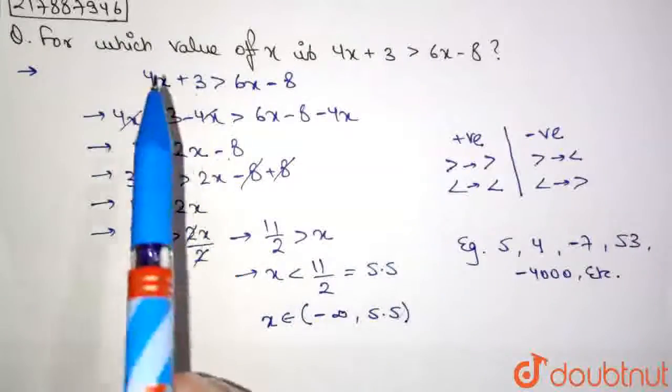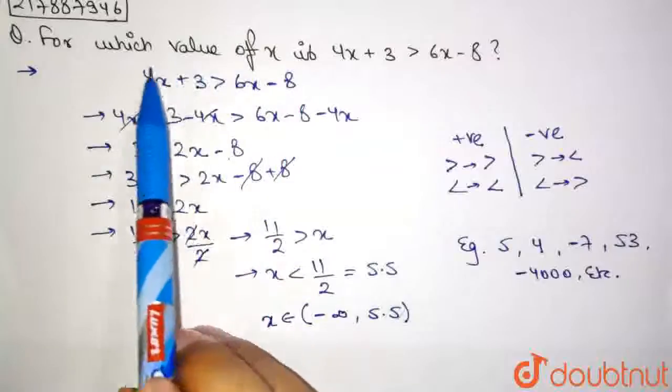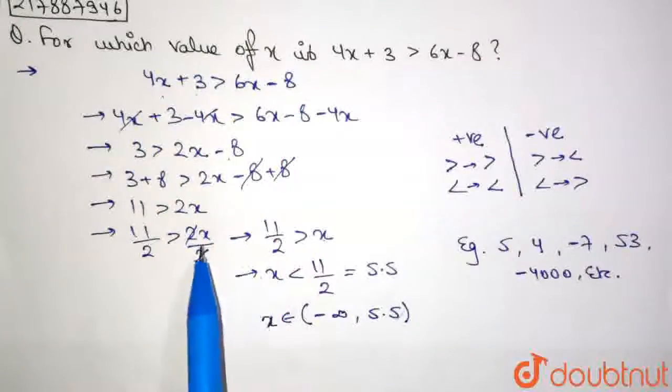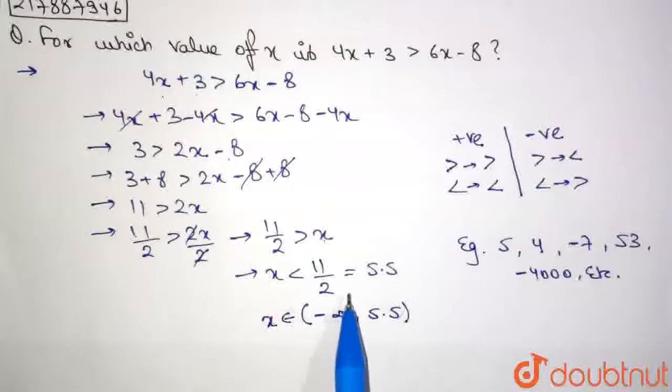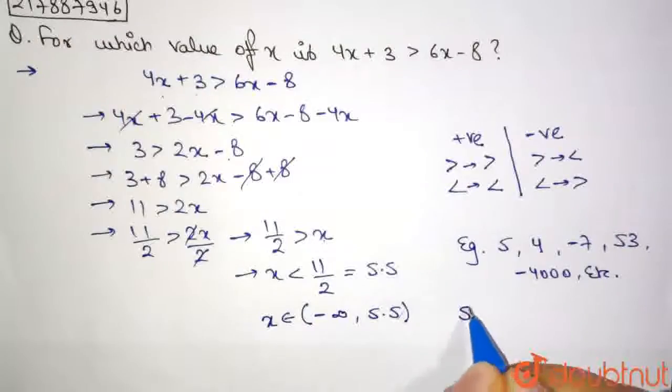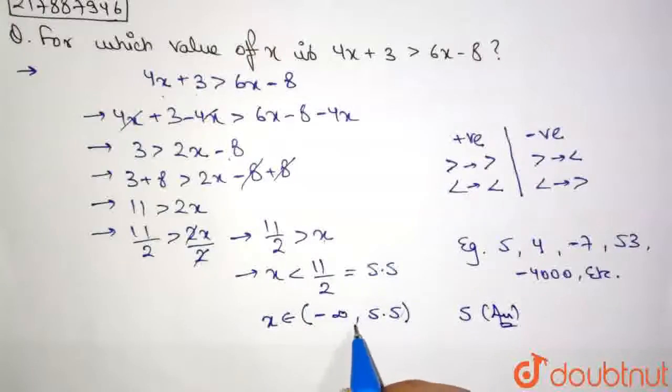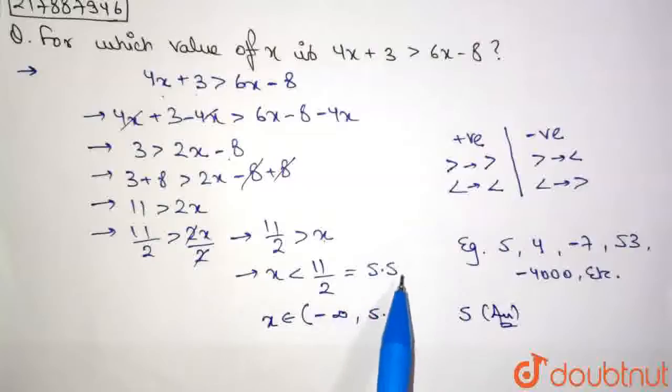So what we actually did, we simplified this inequality, we isolated x and we converted it in terms of the range. For this particular question we can say that the answer can be 5, because 5 falls in this range from minus infinity to 5.5. So x is less than 5.5.